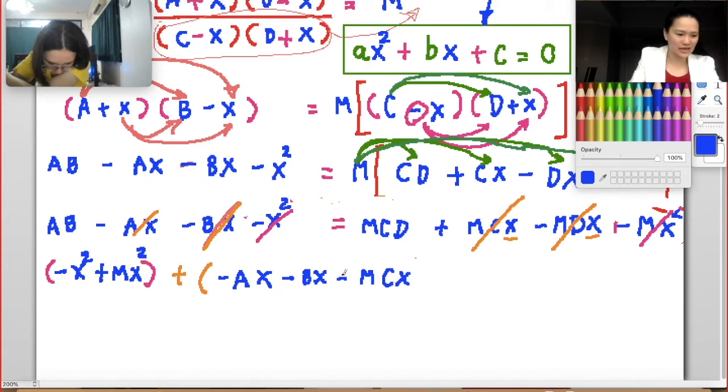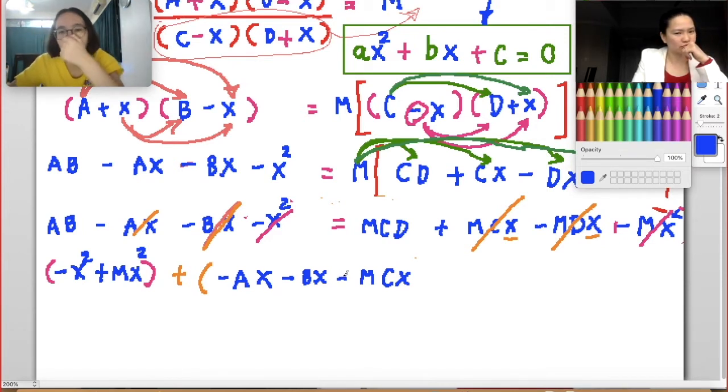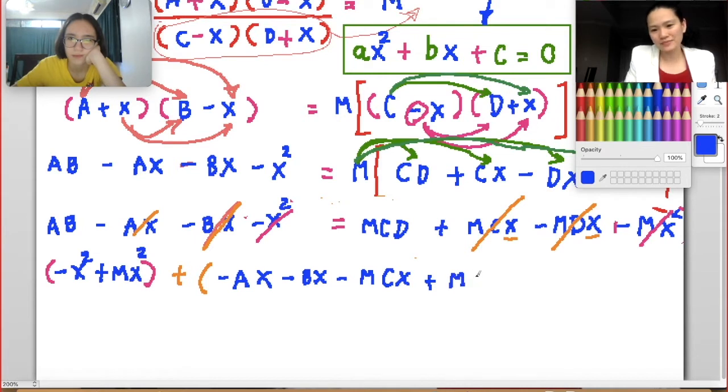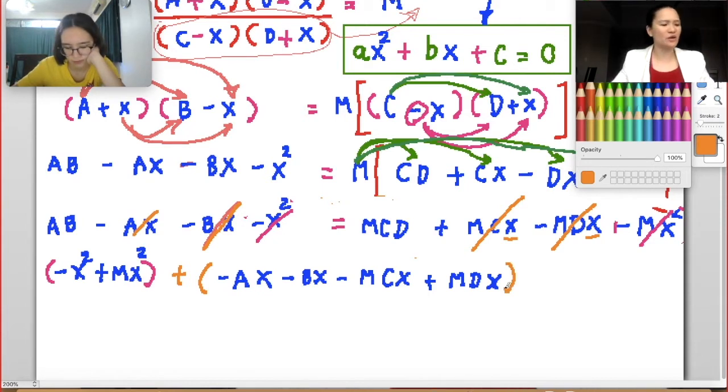Negative turns to be positive, yes. Positive MDX. Is that correct? Can you double check with me, is that correct or not? Just double check step by step. You sure?